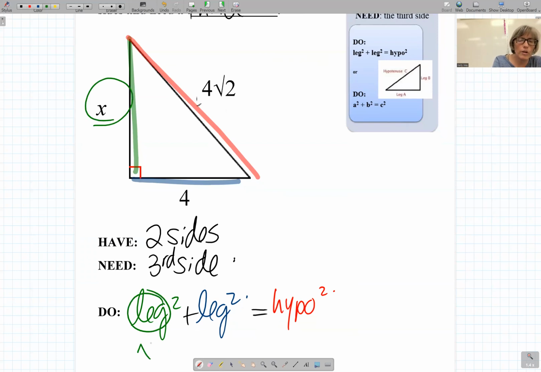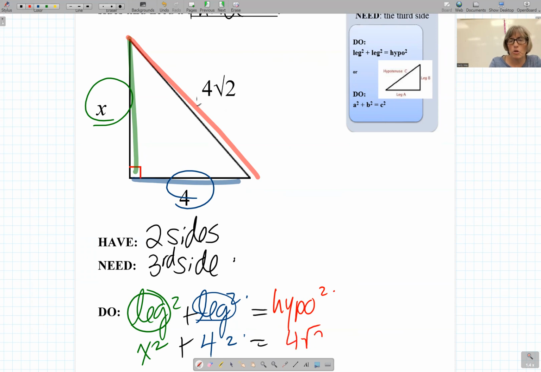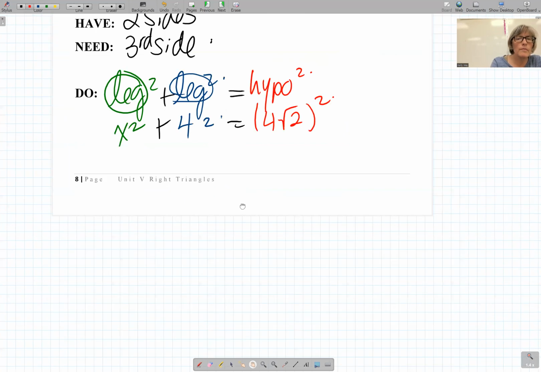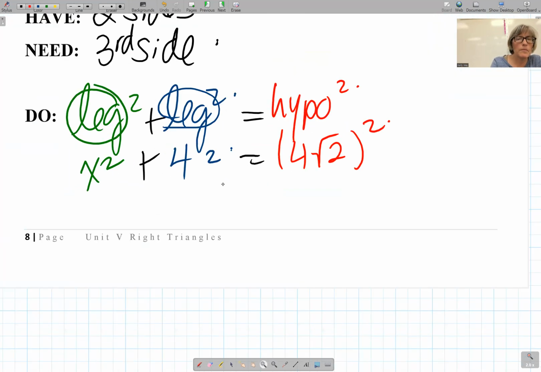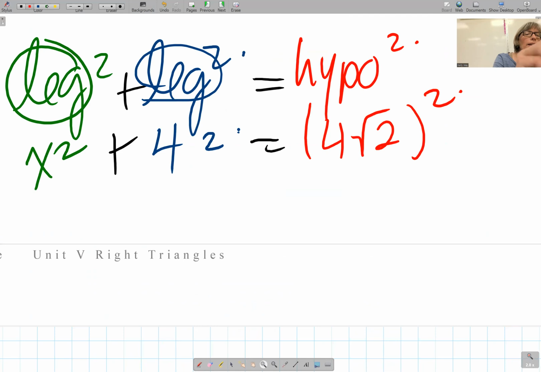Circle, circle, x squared. 4 squared. 4 root 2, parentheses around that whole thing squared. All righty, so this is going to be x squared plus 4 times 4 is 16.